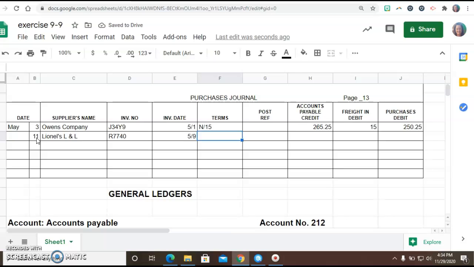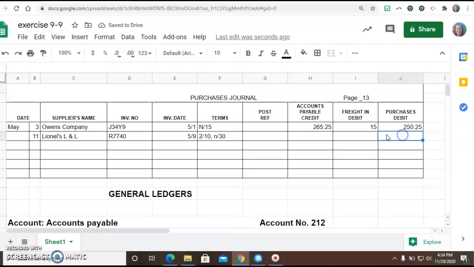Our terms this time say 2/10, net 30. What that means is we have 30 days to pay our invoice. We also have this here: if we pay within 10 days, we get a 2% discount. A lot of companies want to encourage buyers to pay early, so they will give a 2 to 3 to 5% discount if you pay in a shorter amount of time.